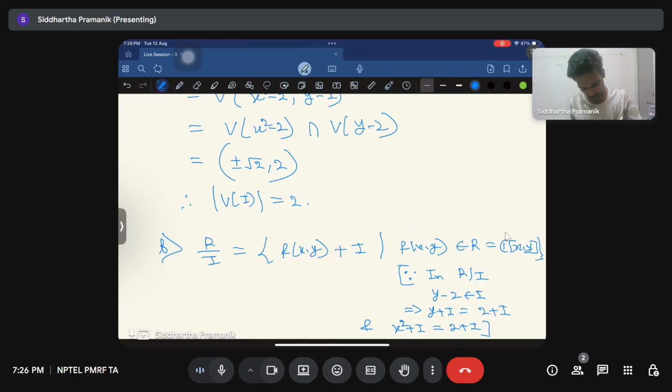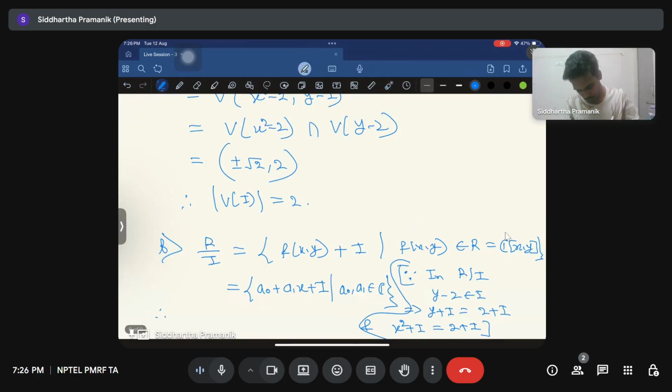So this thing is basically some a0 plus some a1x plus I, such that a0 and a1 belong to C. So the dimension of this vector space is basically 2.